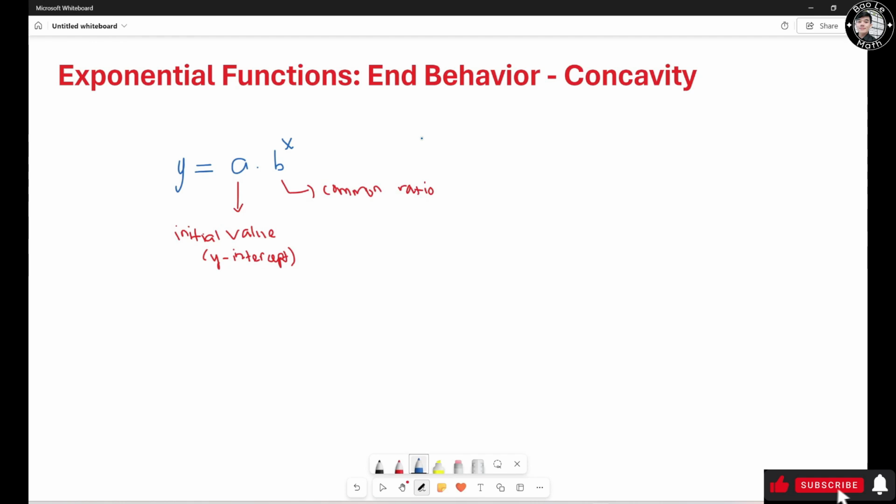Now, a must be different from 0, and b must be different from 1.